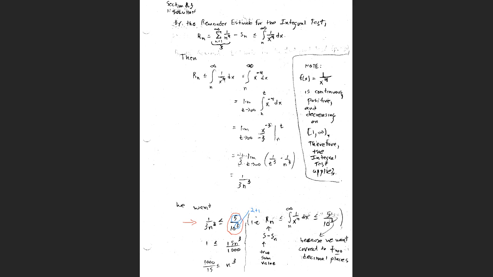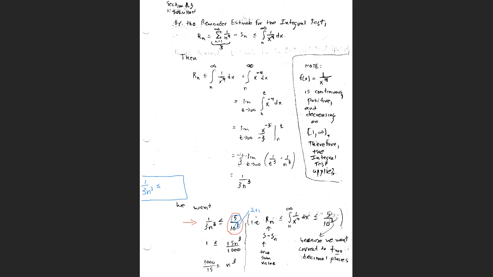It'll always work that way. Whenever they say correct to a certain number of decimal places, suppose they wanted the estimate correct to 7 decimal places. What are you going to have then? You'd have 1 over 3n cubed less than or equal to 5 is for the rounding.